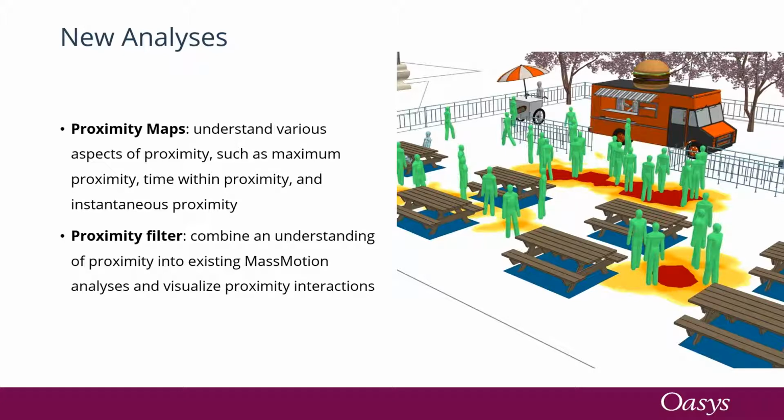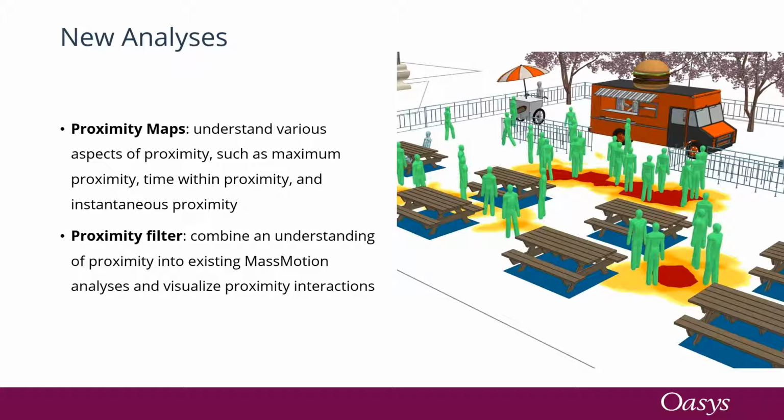The proximity filter leverages MassMotion's existing analytical framework, which allows you to really quickly drill down into a subset of the population and look at, I want to know the overall trip time, not just of everyone in my models, but from all of the people who started at a particular place, all of the people who may have gone to this particular concession stand, the people who might be interacting between certain subsets of the population, so people from different areas or people with different speeds or those sorts of things.